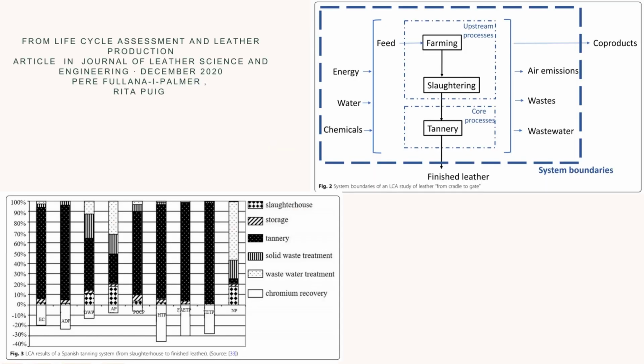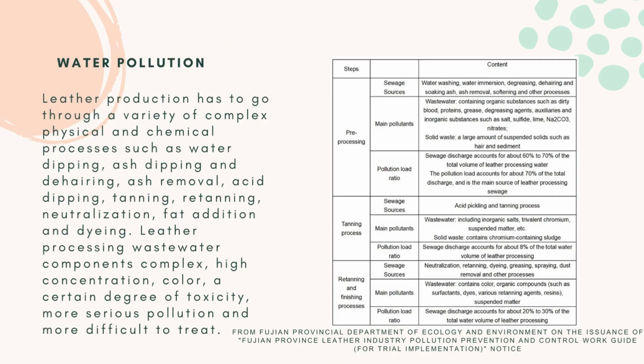First of all, through 2 pictures to show you the system boundary schematic of leather raw material from feeding to become qualified leather raw material, and the LCA result of Spanish tanning system. Hope you have some understanding of tanning. Leather production has to go through a variety of complex physical and chemical processes such as water dipping, ash dipping and dehairing, ash removal, acid dipping, tanning, reddening, neutralization, fat addition and dyeing.